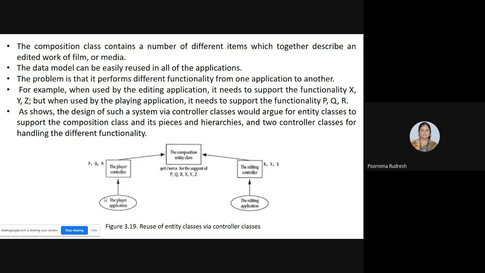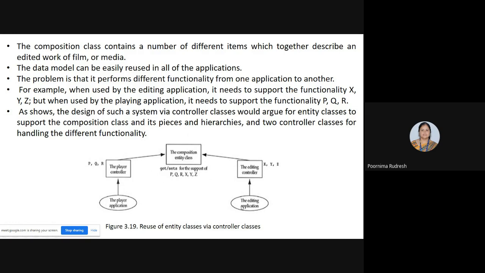And if we consider the playing application, it needs to support the functionality of PQR. So here we have PQR and XYZ, and XYZ belongs to the editing application, whereas PQR belongs to the playing application. But the same data model is used in the editing application as well as in the playing application.